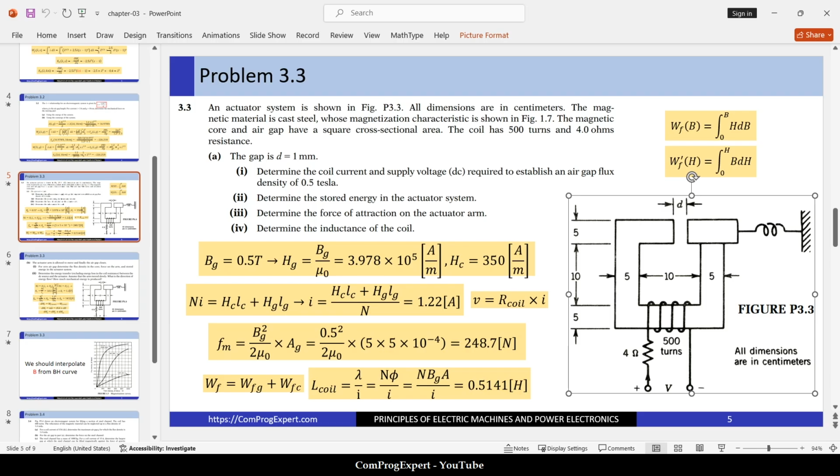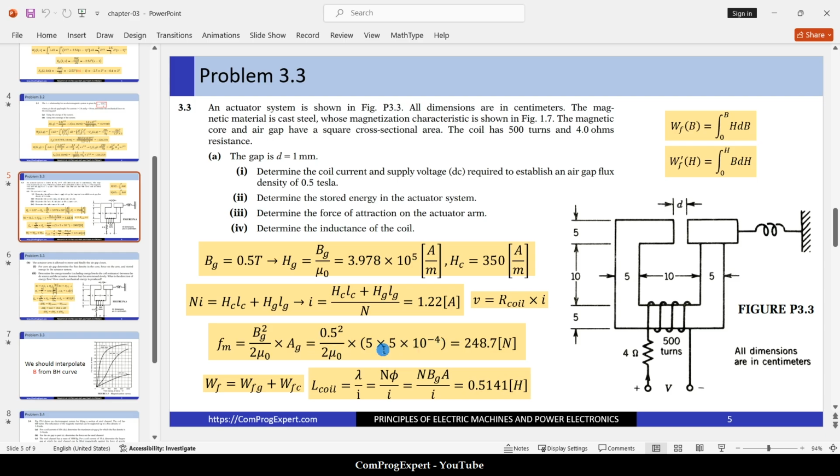So in our case, we can implement this equation, the absolute value. This is 0.5 Tesla squared divided by 2 mu 0 times the area. The cross-section area that we have is 5 times the depth of the problem, that is 5 times 10 to the power minus 4.